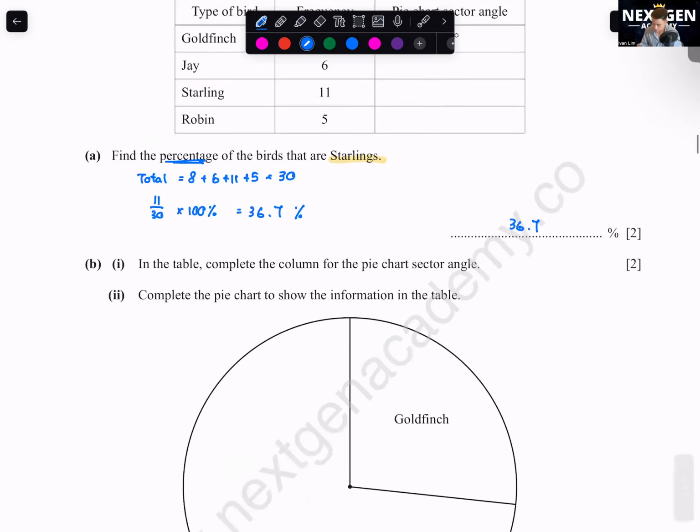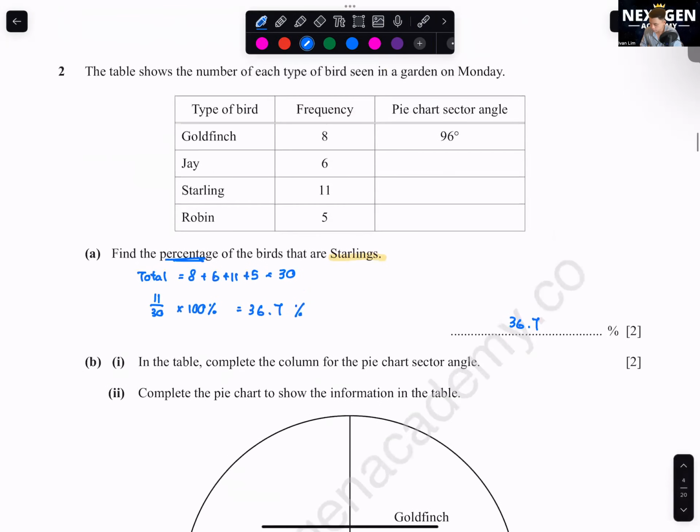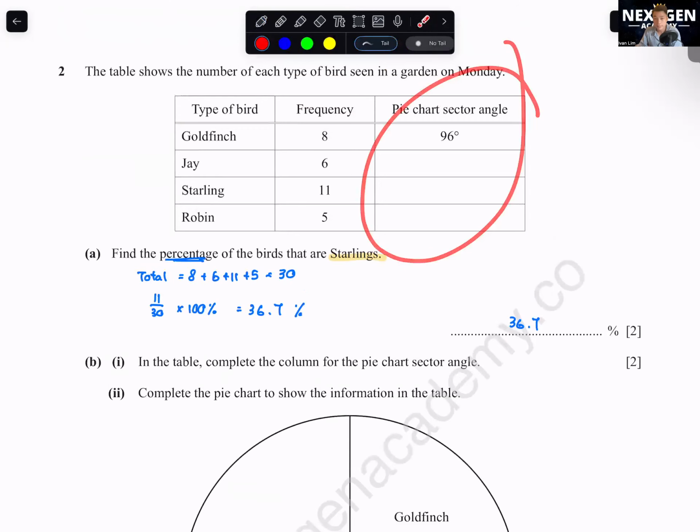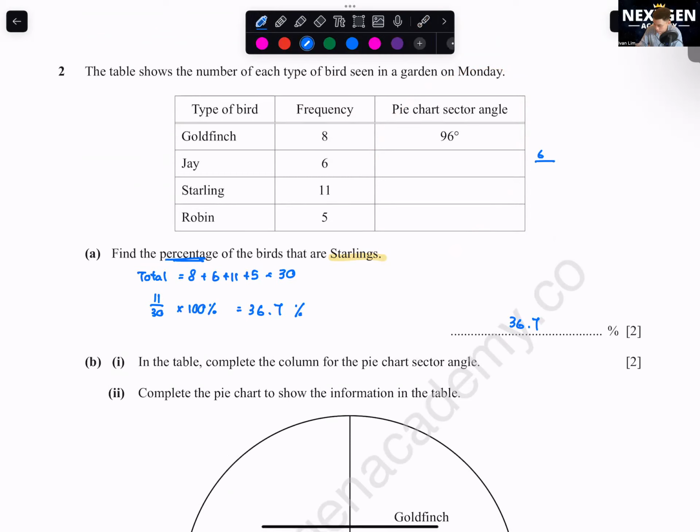Second one. In the table, complete the column for the pie chart sector angle. So I need to convert all of this in terms of sector angle, which is 360 degrees. So here, the calculation will be 6 over 30, times 360 degrees.